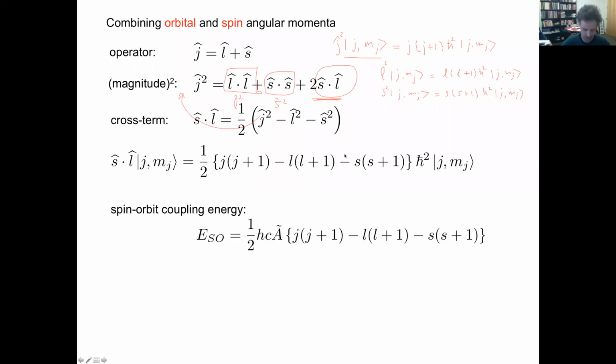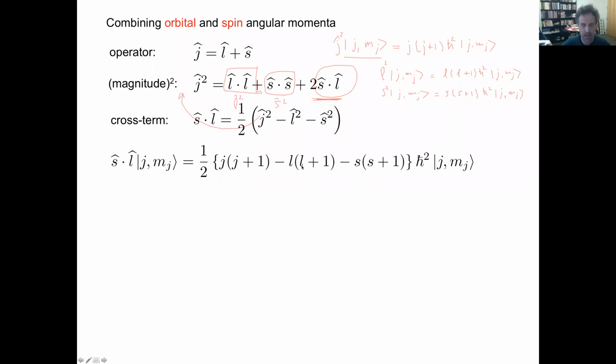And then minus L plus 1, which comes from L squared operating on the same eigenstate, generating L plus 1 h bar squared as the eigenvalue. That's the second term. And the third term, in exactly the same manner, is generated by the operator S squared, generating the eigenvalue S plus 1 h bar squared.